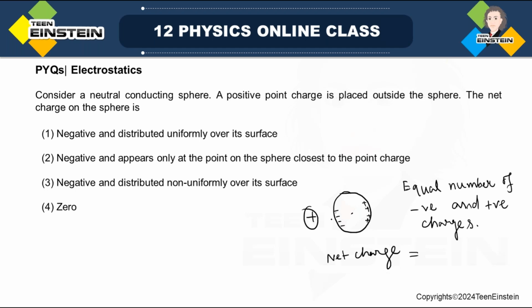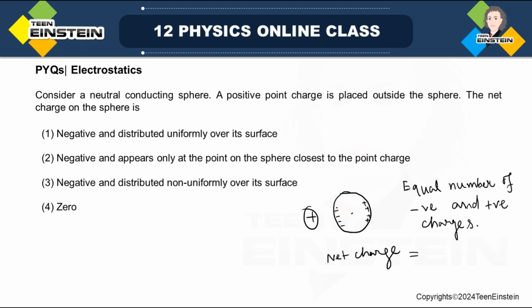By just keeping a positive point charge near the surface, you are not taking away any charge from the sphere. The charges are there, but they have got some displacement from one another. Because of that, you can see some appearance of charges on the surfaces.